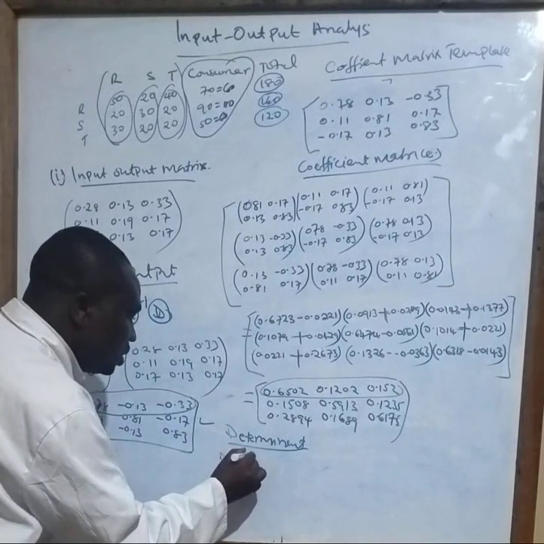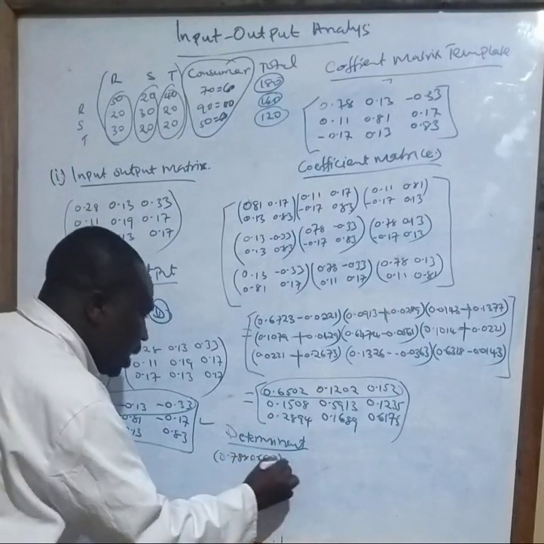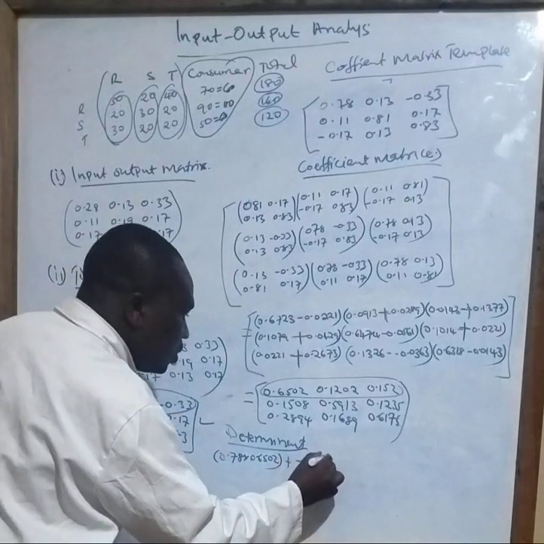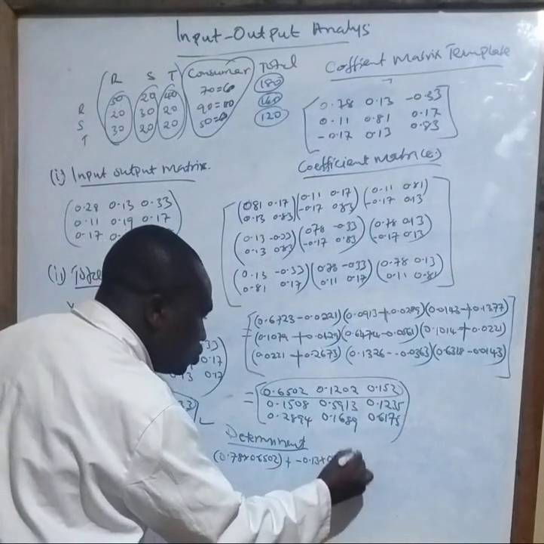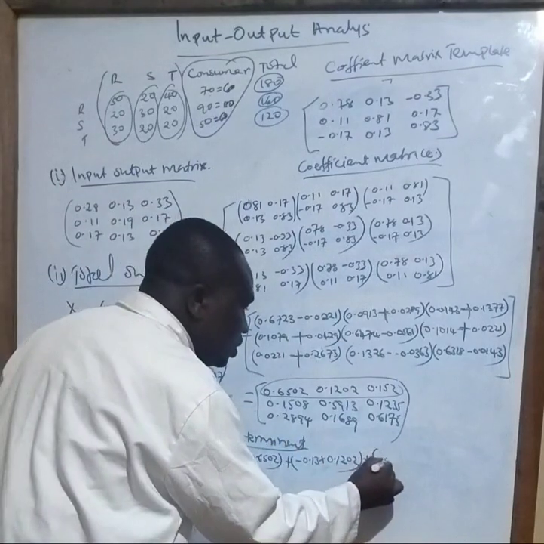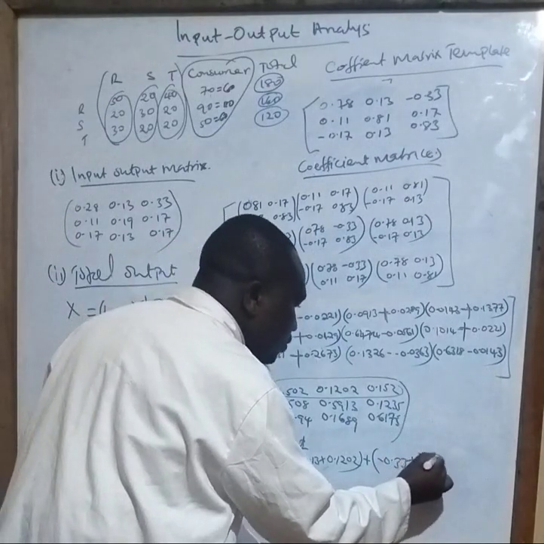So your answer now will be 0.78 times 0.6502 plus negative 0.13 times 0.1202, plus into brackets negative 0.33 times 0.152.